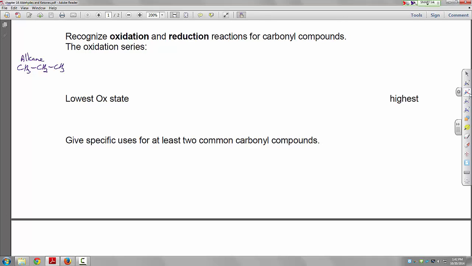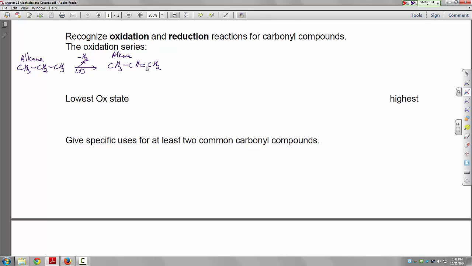Chapter 10, chapter 11, oxidation is the gain of oxygen or the loss of hydrogen. So I'm going to put minus H2 here. We lose hydrogen, and we can form then a double bond. So we lost 2 hydrogens. It was CH2, CH3. Now it's CH, CH2, so 2 hydrogens are gone. This is an alkene.